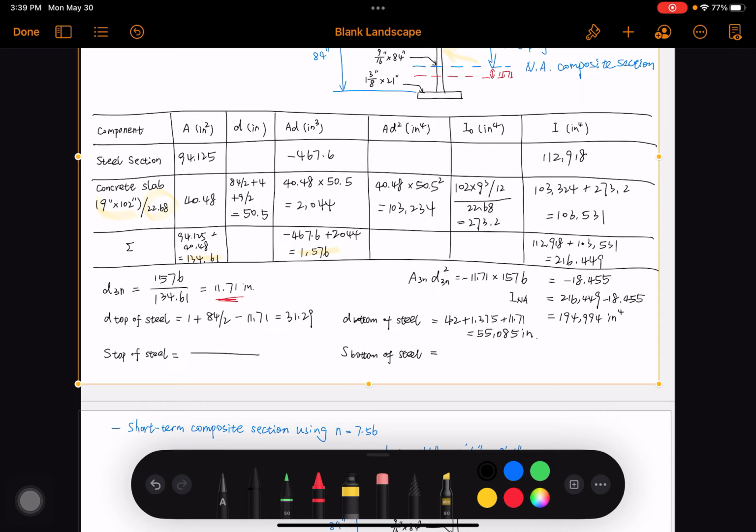Now the section modulus to the top of the steel is 197,994 divided by 31.29, which gives 6,328 inch to the cube.